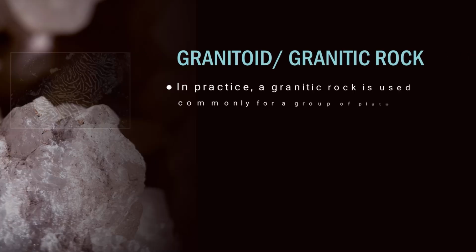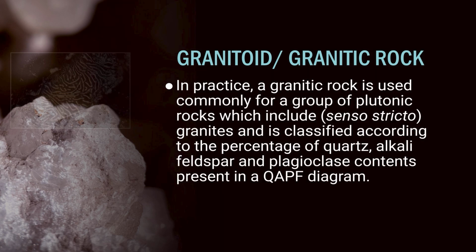Coming to what a granitic rock is. In practice, granitic rock is used commonly for a group of plutonic rocks which also includes granites, and is classified according to the percentage of quartz, alkali feldspar and plagioclase contents present in a QAPF diagram.